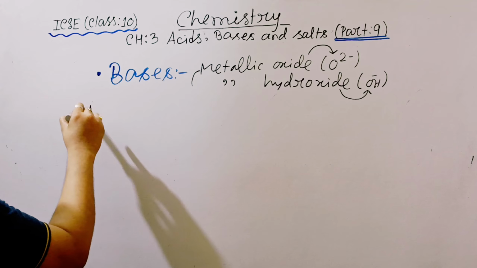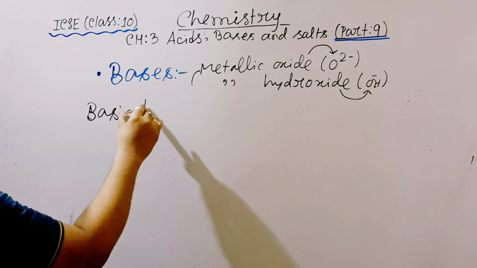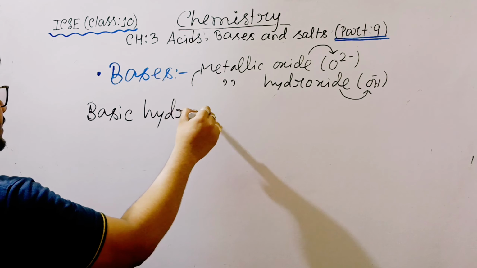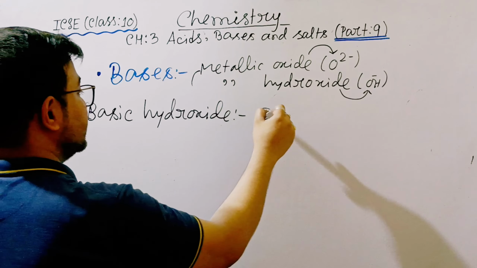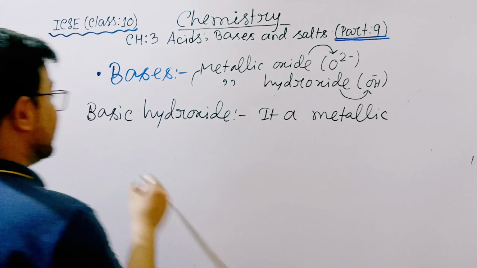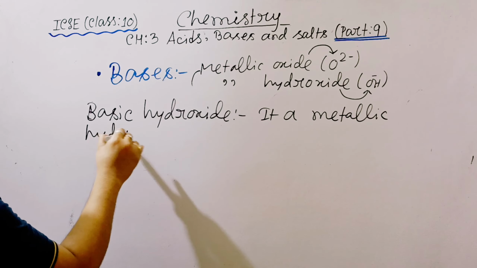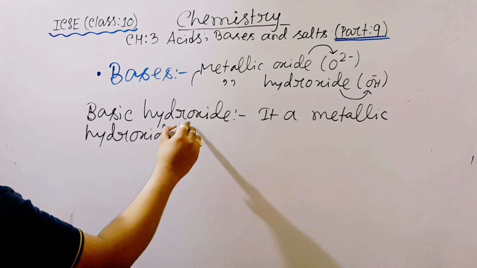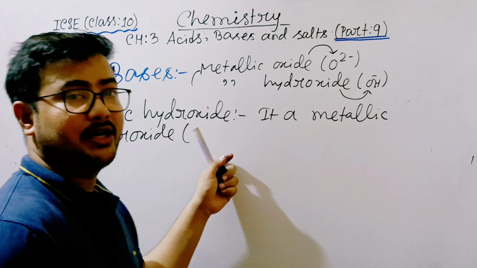so the next heading is basic hydroxide. So the definition is, it is a what? Metallic, I think already all of you have written metallic, otherwise pause the video and try to write it down.